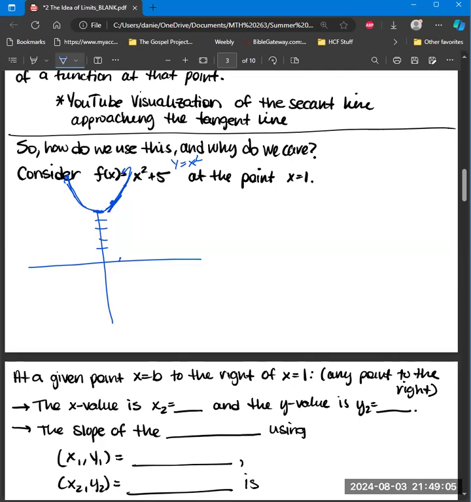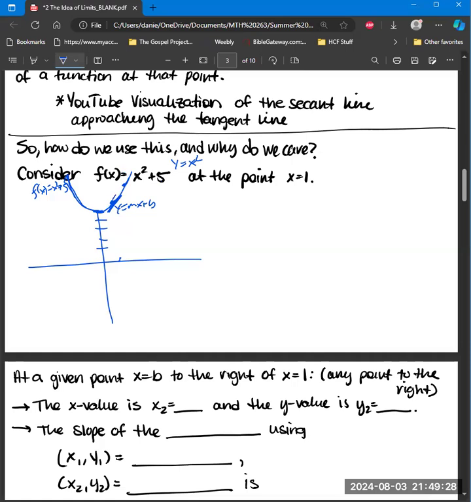Well, let's go ahead and use f of x equals x squared plus 5. And we want this tangent line y equals mx plus b. But we can't get that because right now we only know how to find the equation of a secant line.